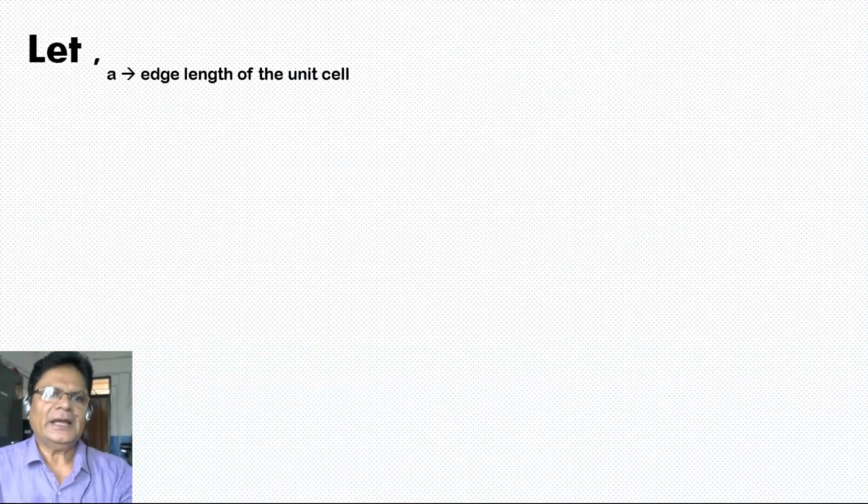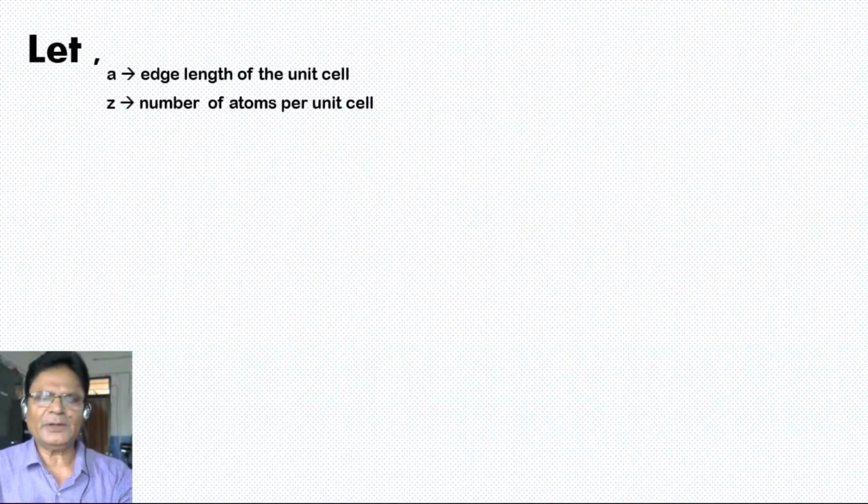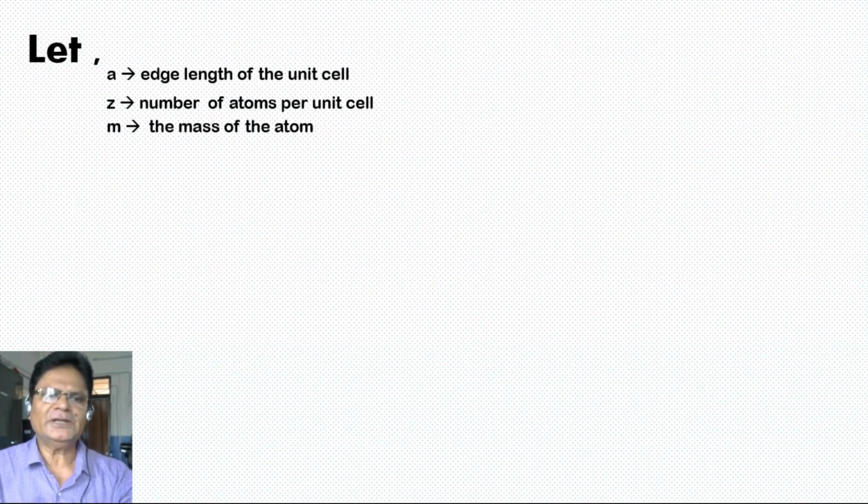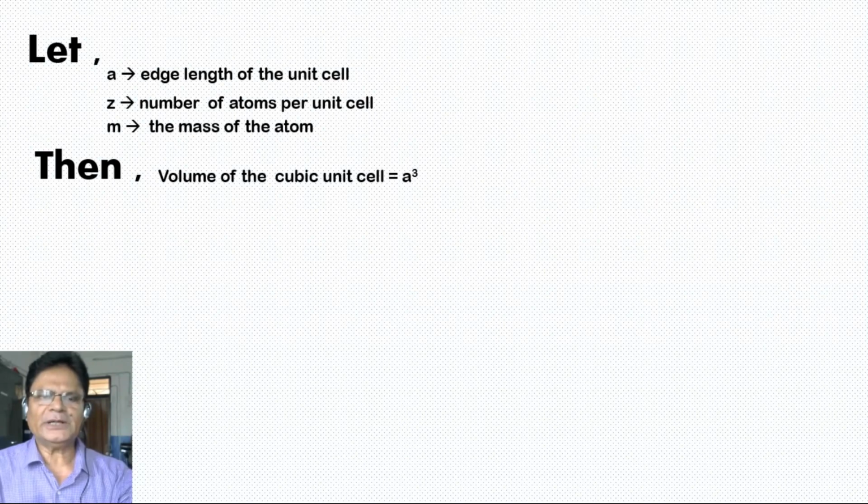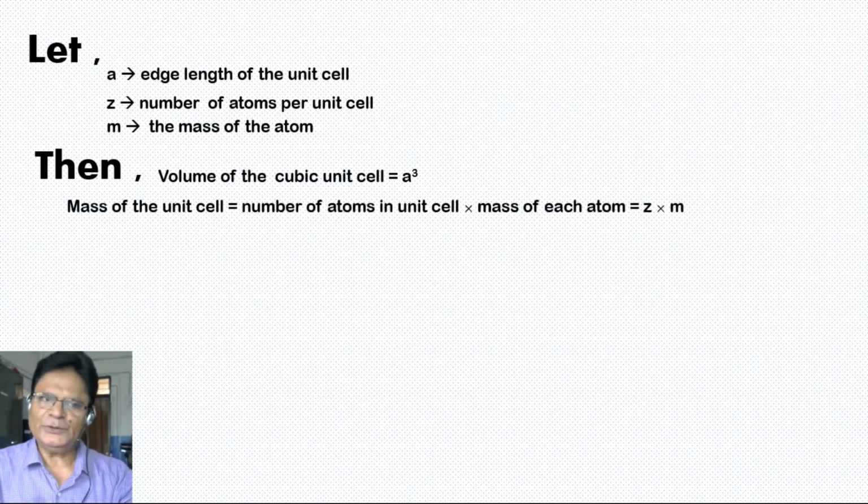Let a be the edge length of the unit cell, Z be the number of atoms per unit cell, M be the mass of the atom, then volume of the cubic unit cell is equal to a cube. Mass of the unit cell is equal to the number of atoms present in the unit cell multiplied by mass of each atom.